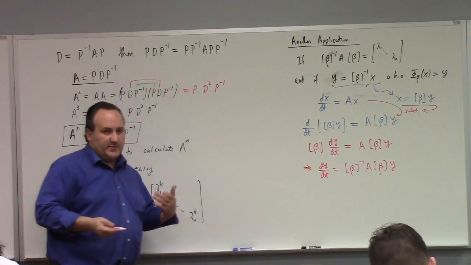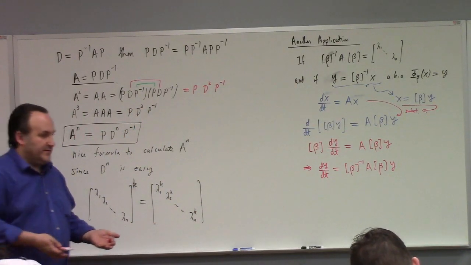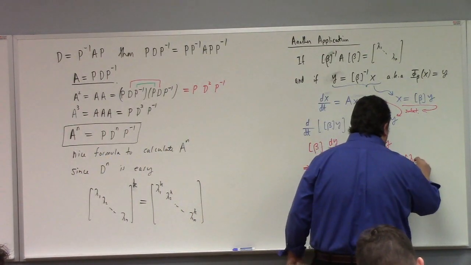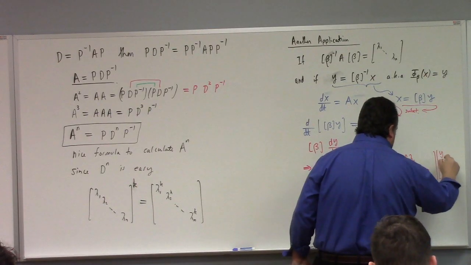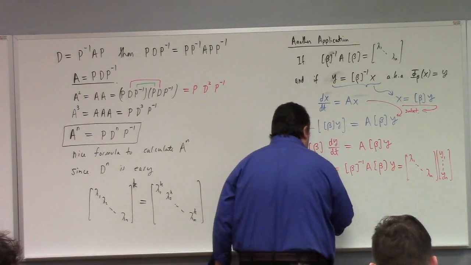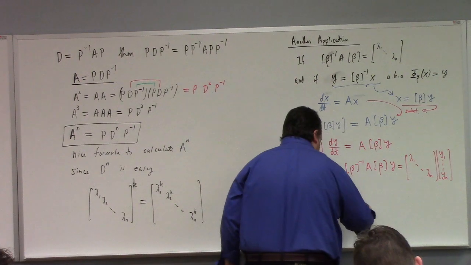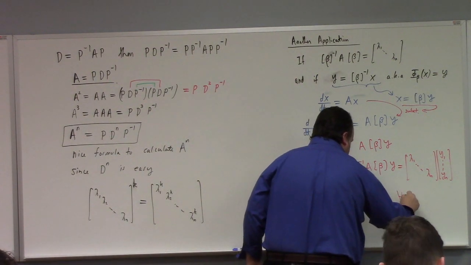But remember what the similarity transformation of A by the basis matrix is. It's the diagonal matrix, right? So this is lambda 1 through lambda n times my y, which I'll enumerate y1 through yn. If you look at this, dyj/dt is equal to lambda j times yj for all j.